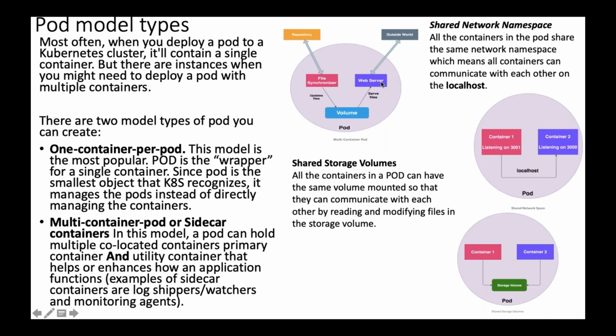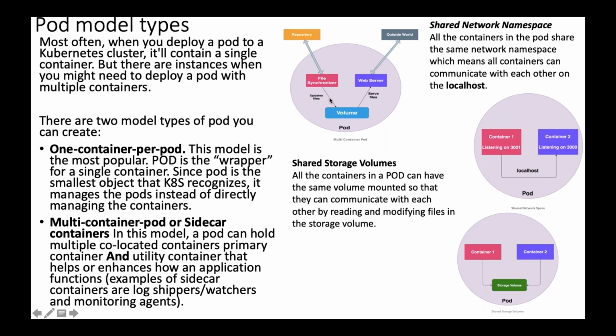And this main container can read the file from this volume and process it. This is my main container, it is doing something, and this is helping the main container. It is enhancing the functionality. Since both containers are running in the same pod, will both containers have access to this volume?